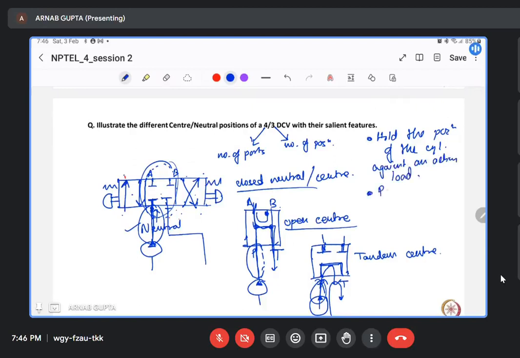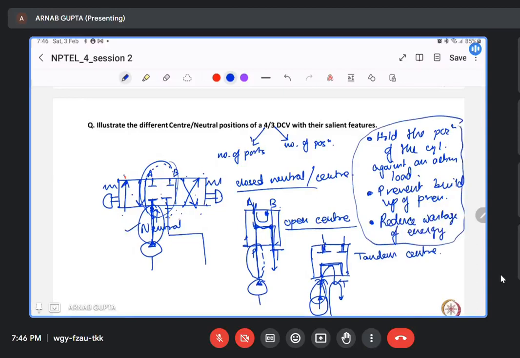Second, you need to prevent buildup of pressure and reduce wastage of energy. That is, your pump shouldn't be redirecting the flow back to the tank.